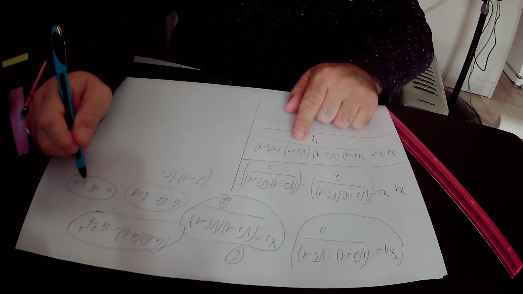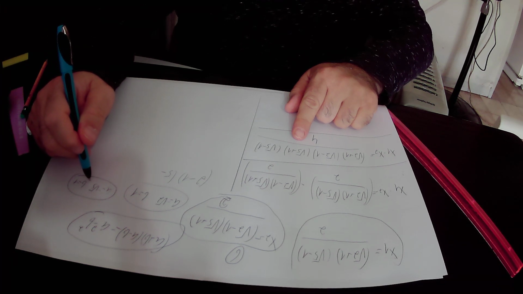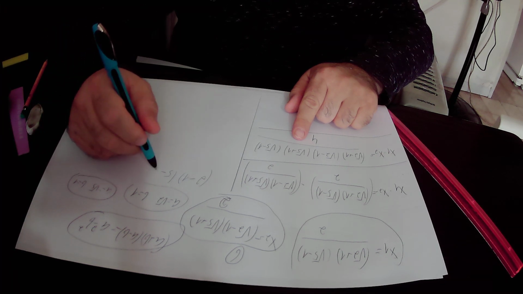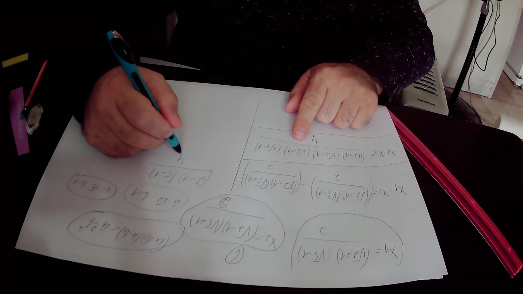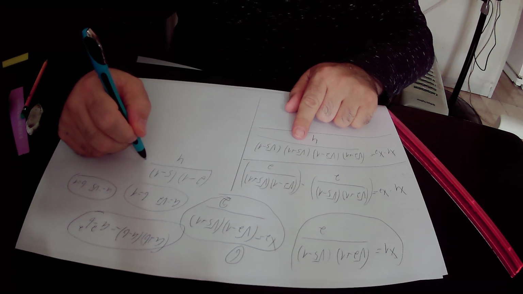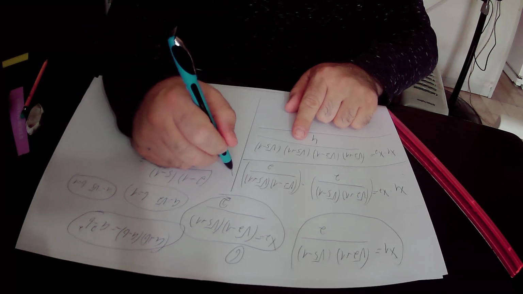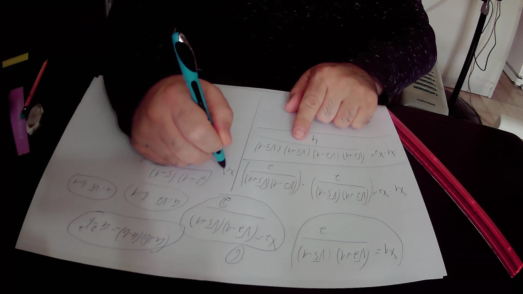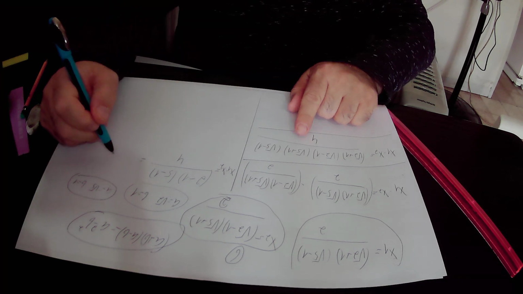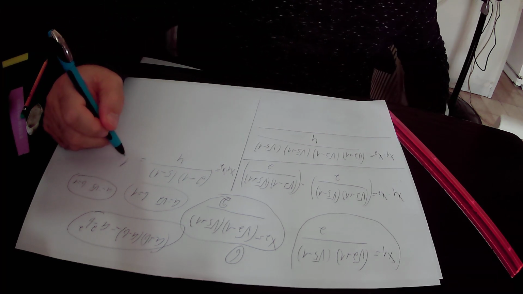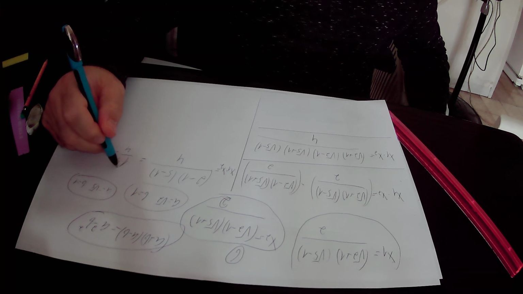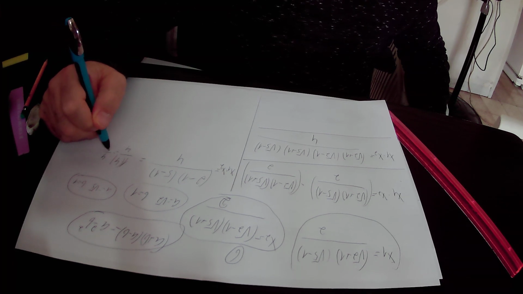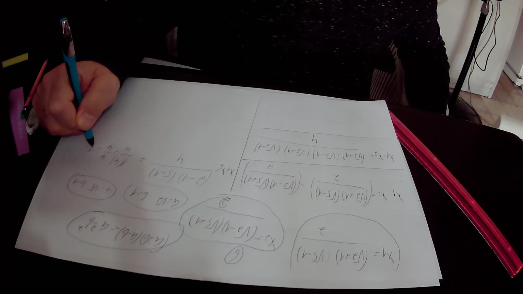B is 1, so b squared is 1, so it is minus 1, all divided by 4. This is the value of x1 times x2. So it is 2 minus 1 is 1, 5 minus 1 is 4, over 4. 1 times 4 is 4, 4 over 4 is 1.